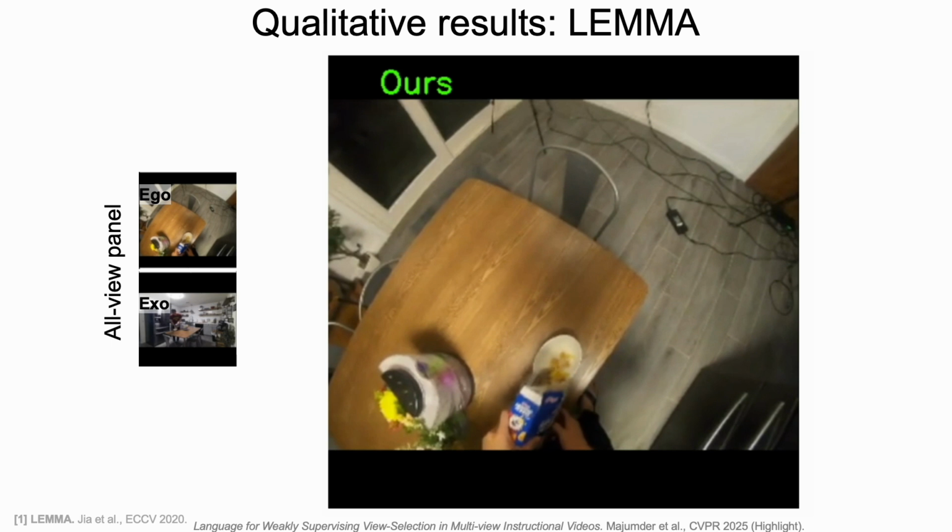For example, when the person takes the cup from the shelf or pours the milk. On the other hand, it picks an exo view when the person is moving across the kitchen or when they are not looking at the objects involved in the activity. For example, when the person was closing the fridge but their head was turned away.